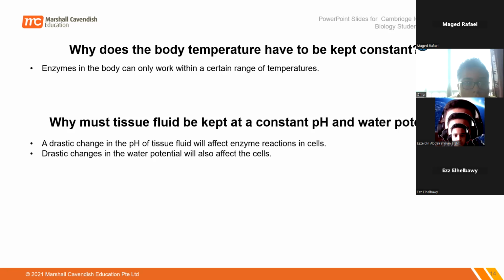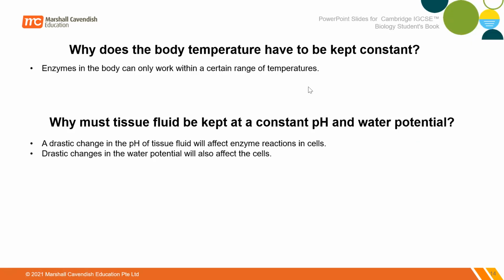Okay, constant pH and water. The water potential. We need constant pH and we need to control the water potential in order to control how the materials move, and how some dramatic actions will happen.